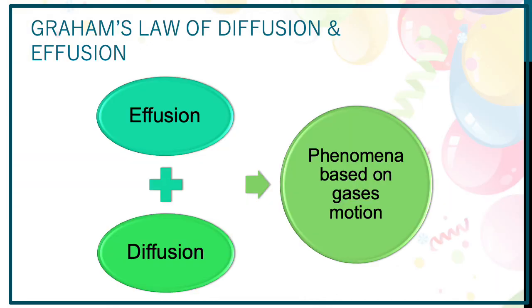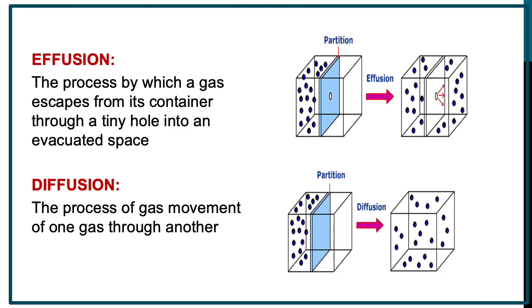Okay, Graham's law of diffusion and effusion. Actually, Graham's law talks about diffusion and effusion. This effusion and diffusion is a phenomenon based on the gases' motion. So what is effusion and diffusion? Effusion is the process by which a gas escapes from its container through a tiny hole into an evacuated space.